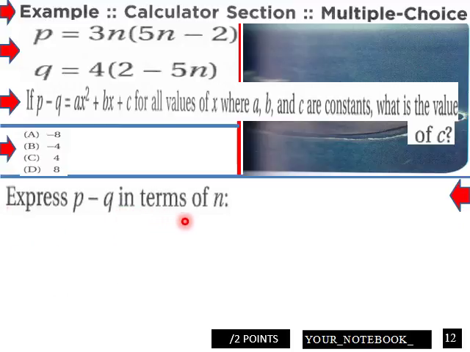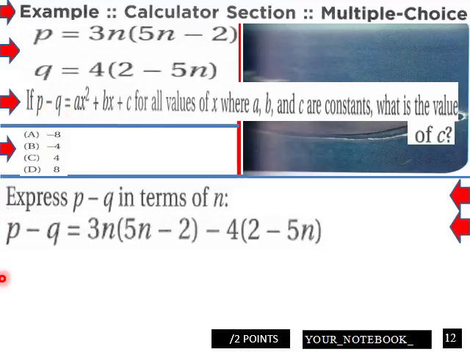Express p minus q in terms of n. So p minus q here in terms of n equals 3n minus 2 times the quantity 5n minus 2, minus 4 times 2 minus 5n, which is this up here.